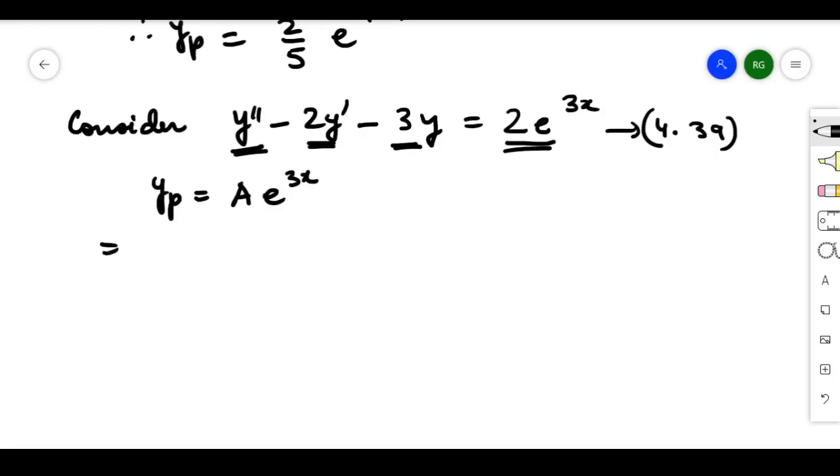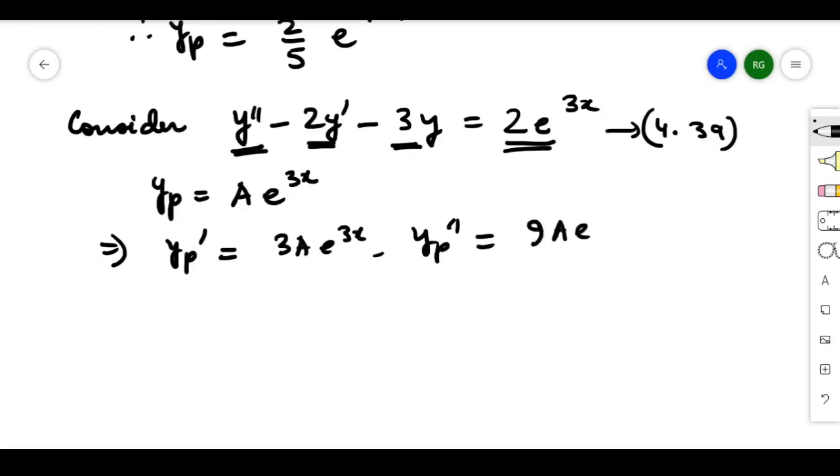Now as usual, let us find yp prime. It is equal to 3a e to the power 3x, and yp double prime is equal to 9a e to the power 3x.